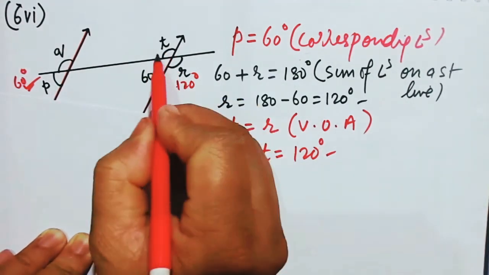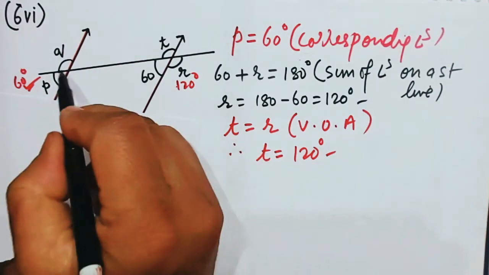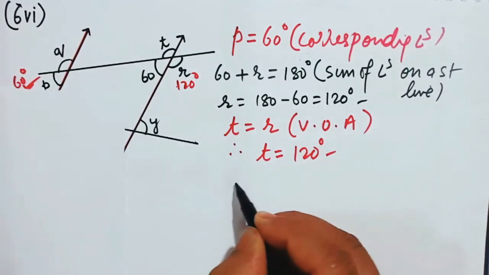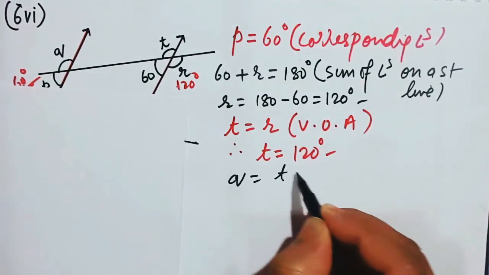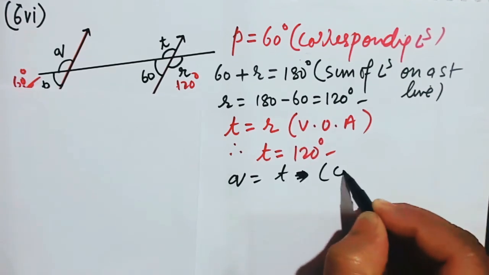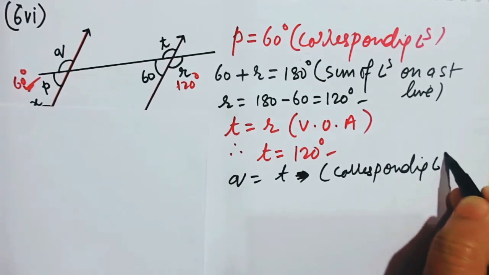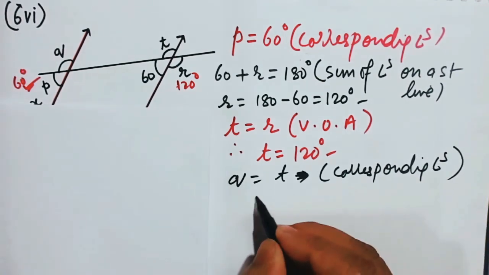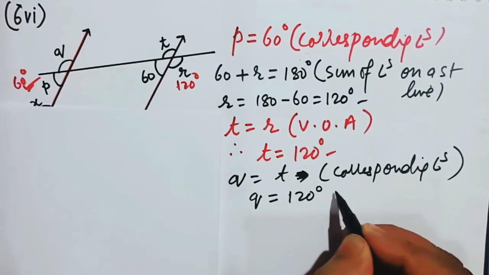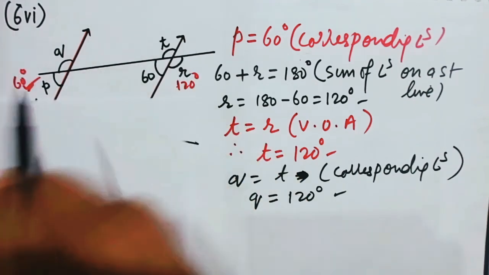Once we have found out the value of T, we can write that Q is equal to T because they are corresponding angles. Therefore, Q will be equal to how much? 120 degree.